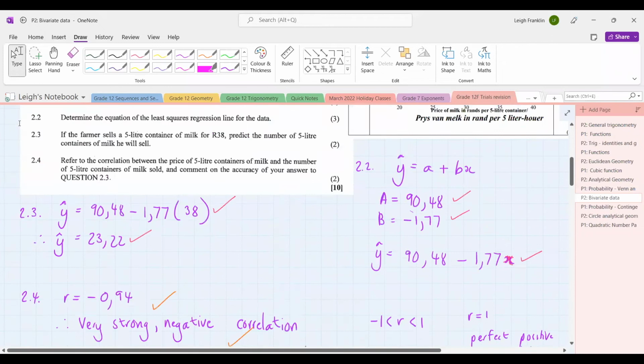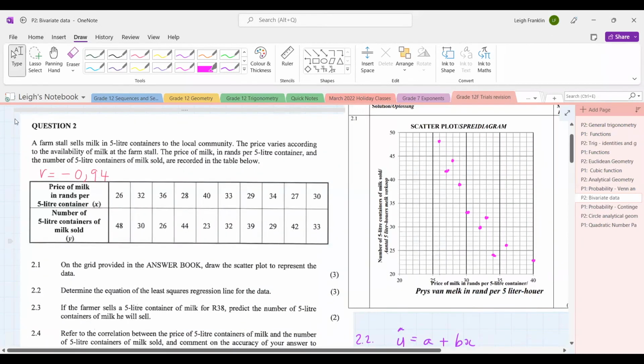Now we're going to go back and look at our X. What's the maximum X value? The biggest X is 40. Yeah, absolutely. Now we want something that's just a little bit smaller than that.